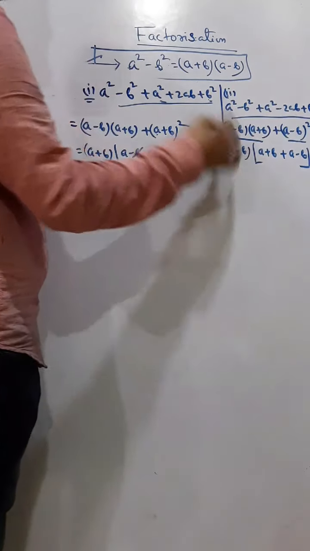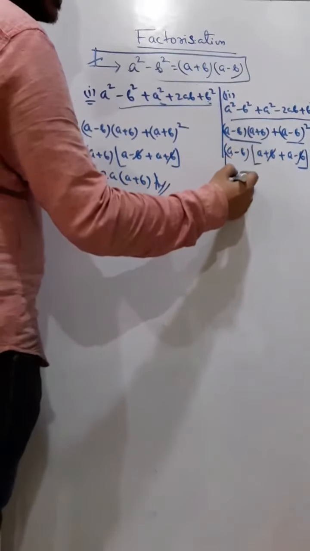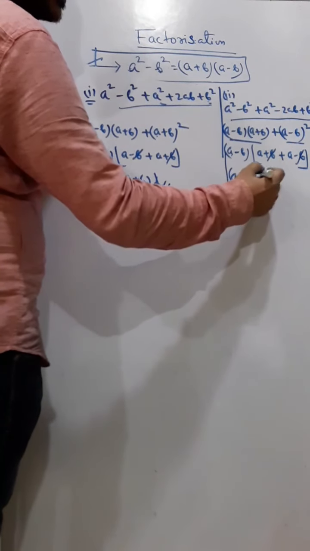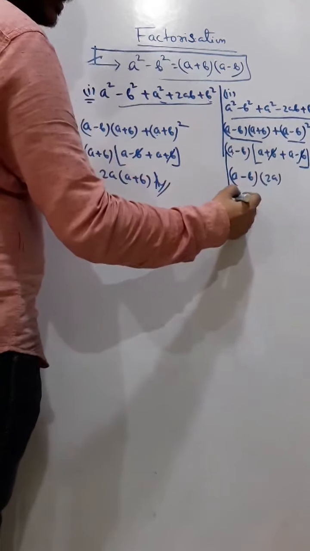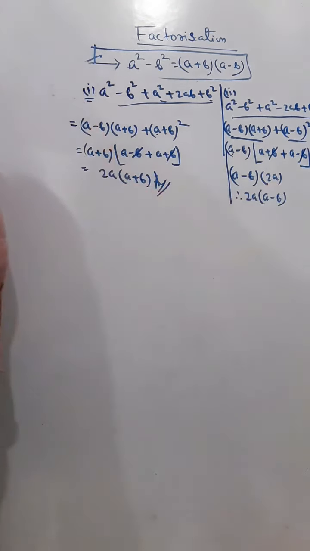Out of that whole square, 1 is out. And now here b and b is getting cancelled. And finally here also I am getting a minus b and 2a. So finally I am getting 2a, a minus b.